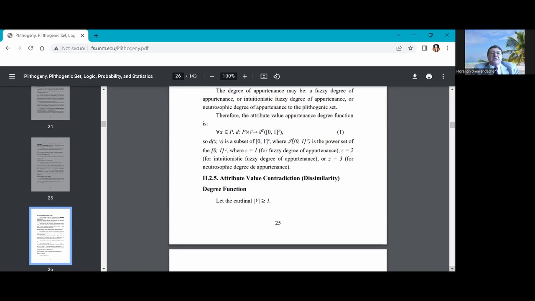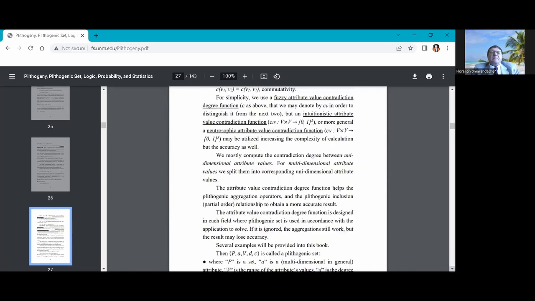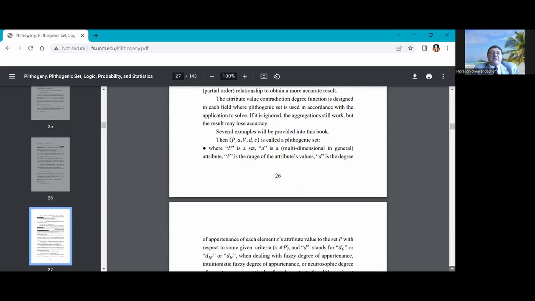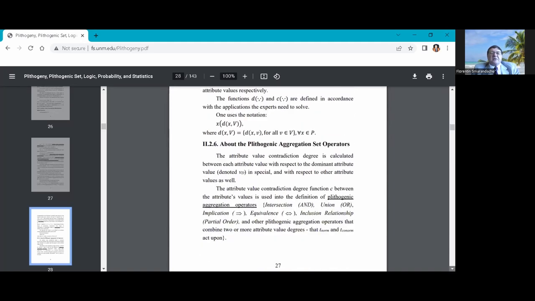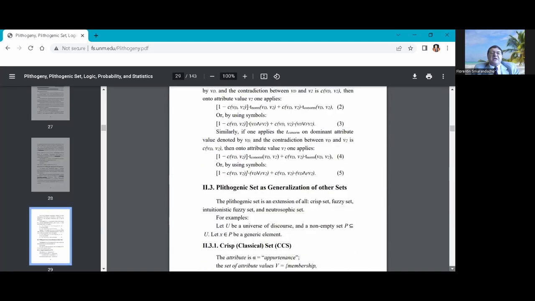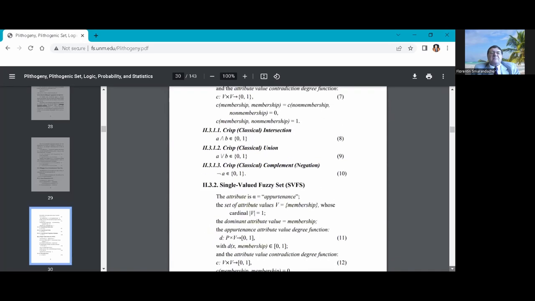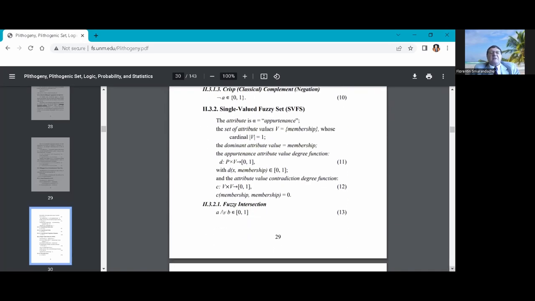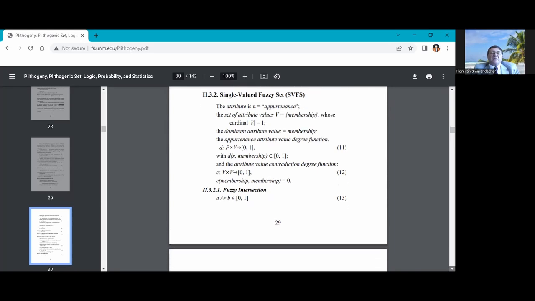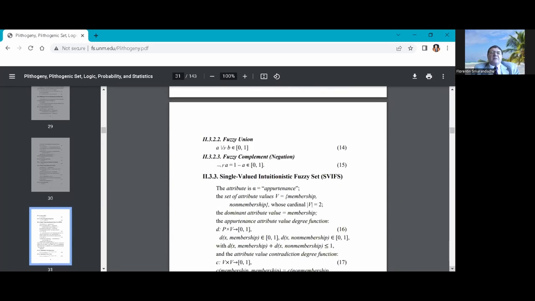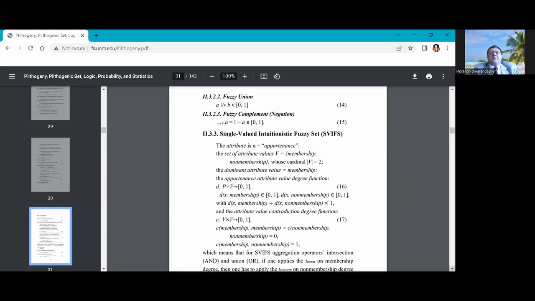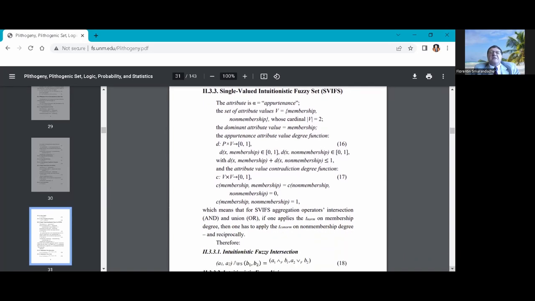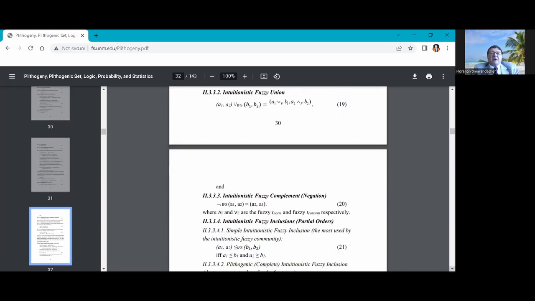I consider also some applications and examples. So this is, for example, a pletogenic fuzzy set, a single value intuitionistic fuzzy set, pletogenic, and so on.